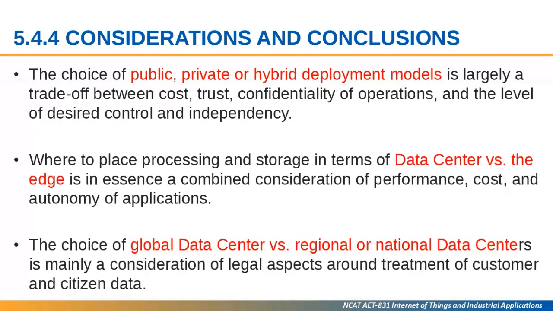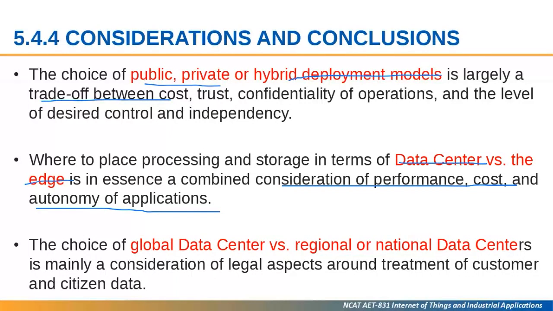As additional considerations, the choice of public, private, or hybrid deployment models is largely a trade-off between cost, trust, and confidentiality of operations. Where to process and store in terms of data center and the edge is a combined consideration of performance, cost, and autonomy of applications.